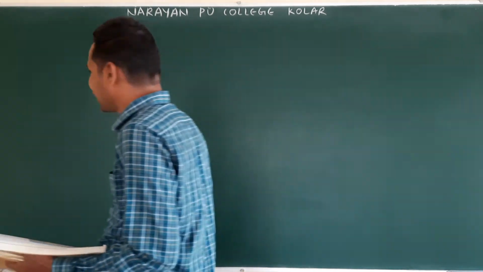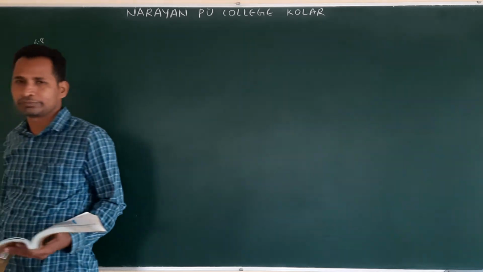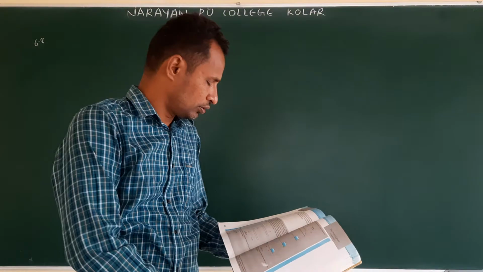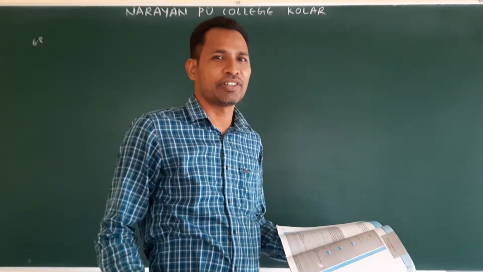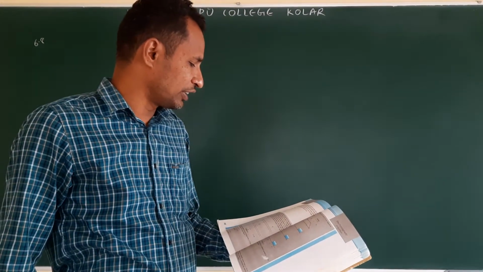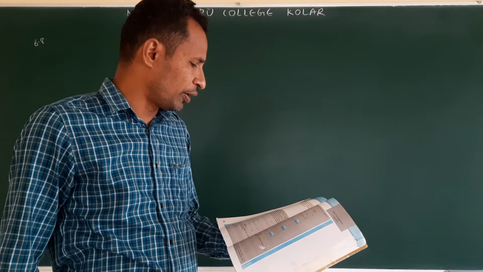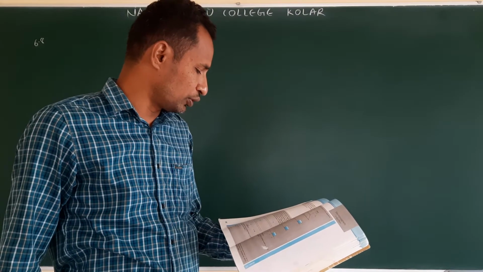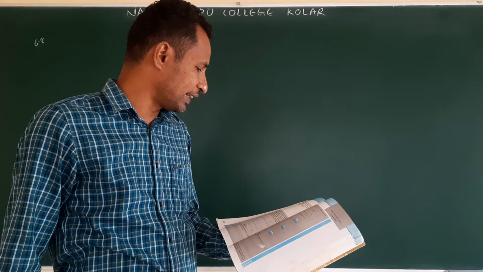Now come to example problem 6.8. This was already asked in IIT, the year before last. The question looks very big, but the answer is very simple. The arm PQ of the rectangular conductor is moved from x is equal to 0 outwards. The uniform magnetic field is perpendicular to the plane and extends from x is equal to 0 to x is equal to b, and is 0 for x greater than b.